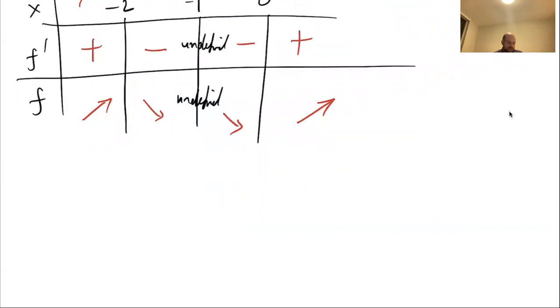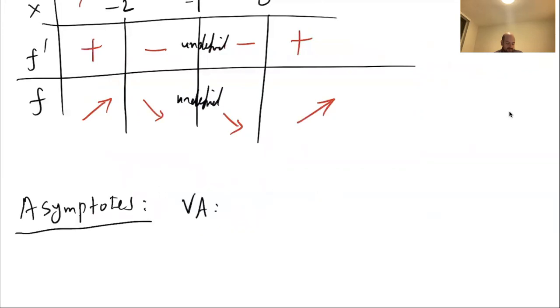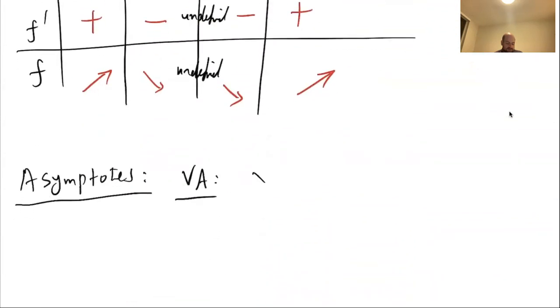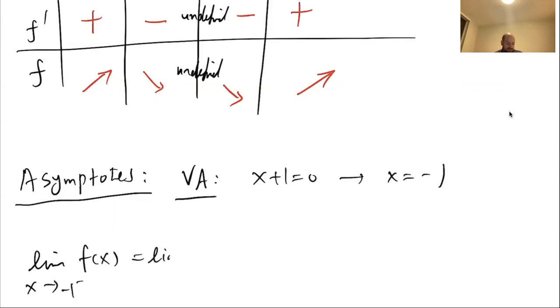Then I need to find the asymptotes. For vertical asymptotes, I can set the denominator to be 0. The denominator is x plus 1. X plus 1 equals 0. That gives x equals minus 1. So then I can look at the left limit and right limit at minus 1. The left limit at minus 1 will be limit of x squared over x plus 1 as x goes to minus 1 from the left.